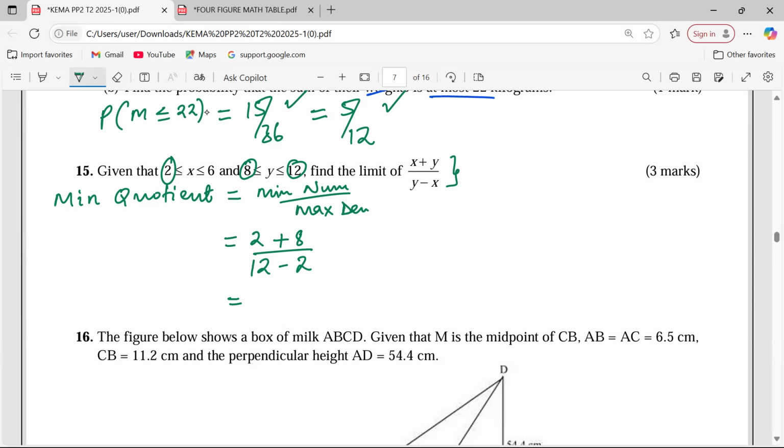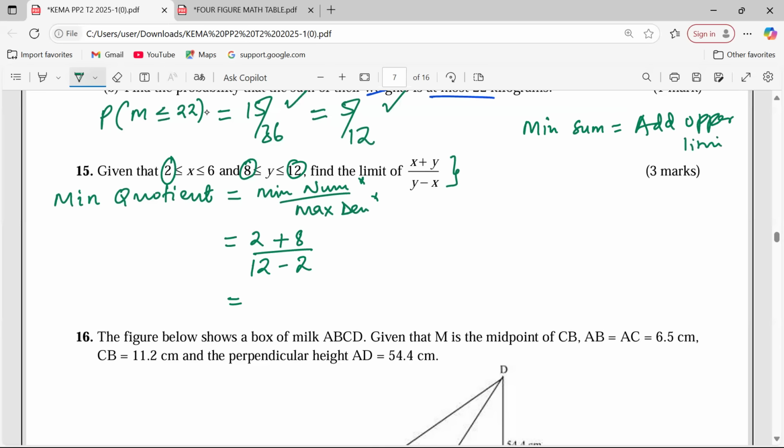So we are talking of the minimum quotient, which requires a small numerator and a big denominator. Then we ask ourselves, because we are adding on the numerator, how do we get the minimum sum? Minimum sum means we add upper limits.